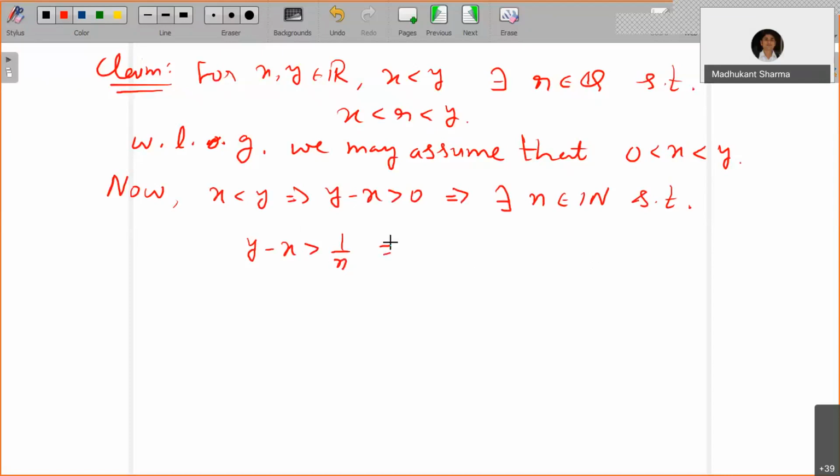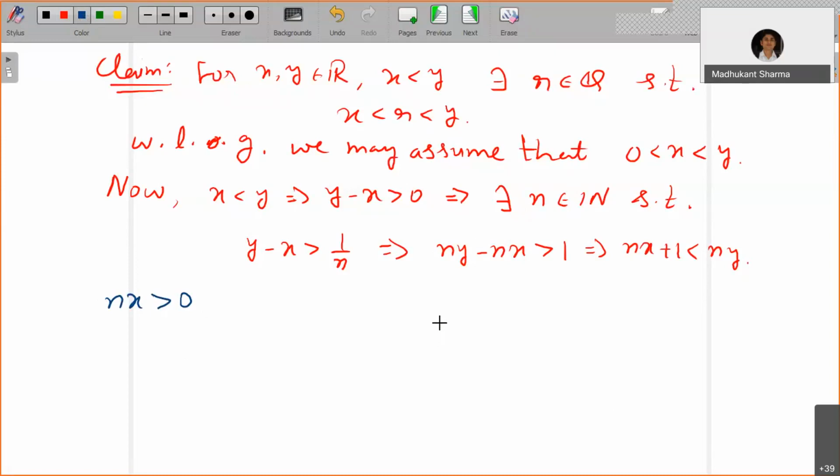This implies ny minus nx is greater than 1. This implies nx plus 1 is less than ny. Now, note that n is greater than or equal to 1, and x is greater than 0. So n into x is also greater than 0.